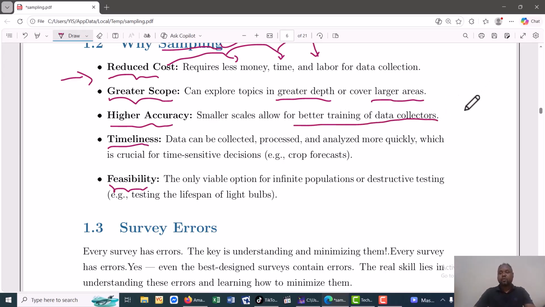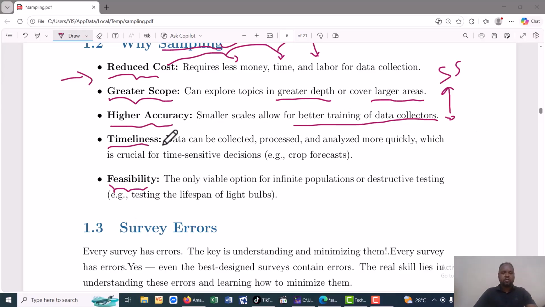Here, in sample survey, the enumerators are smaller in number, so we can make them more qualified, more trained, more skilled. As a result, the overall data collection will be qualified. At the end of the day, we come up with quality data, right? Quality data can be obtained from sample survey rather than census survey.